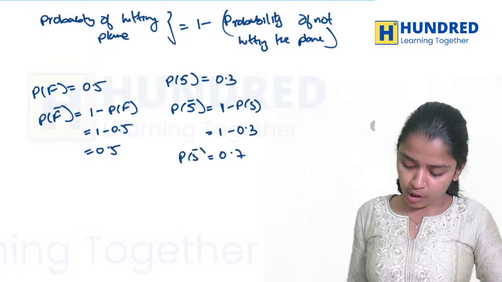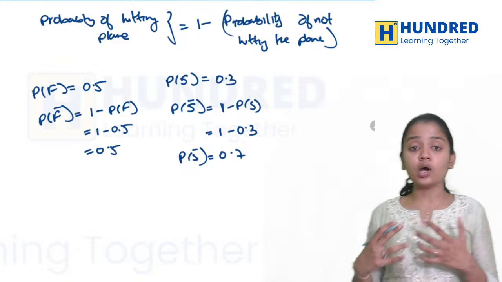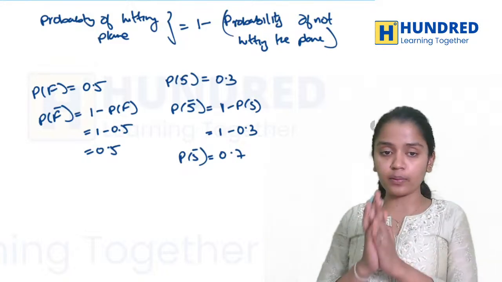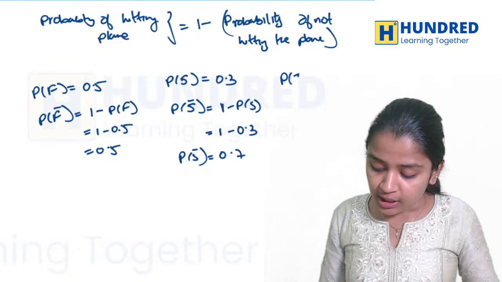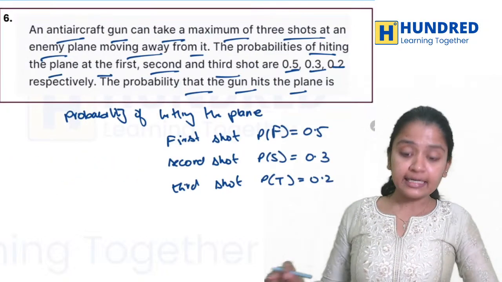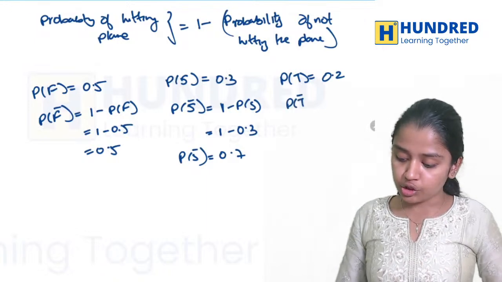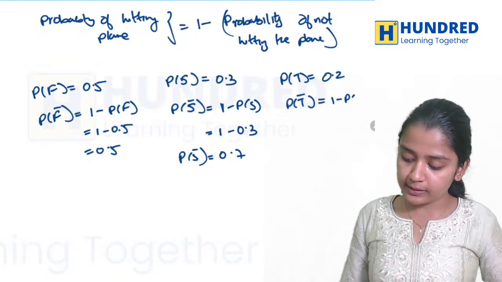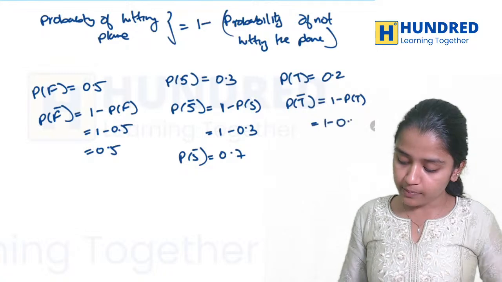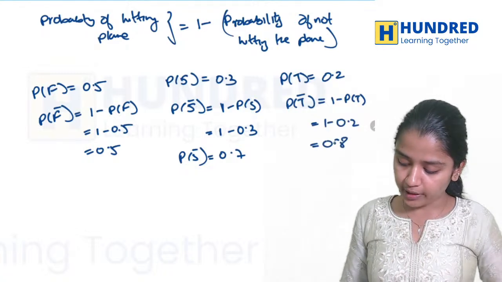So P of S bar. அதே மாதிரி third shotல hit ஆகிற probability 0.2. So third shotல hit ஆகாத probability 1 minus 0.2, which is nothing but 0.8.